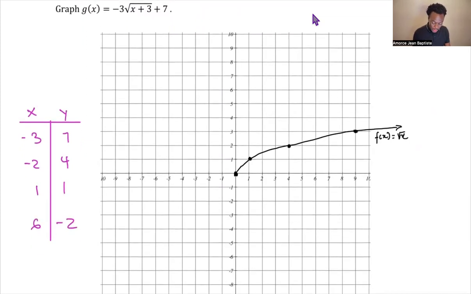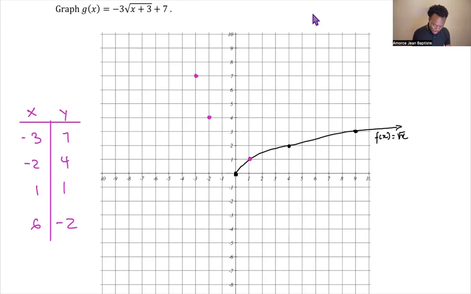Let's go ahead and plot these values. -3, 7. -2, 4. 1 is 1.